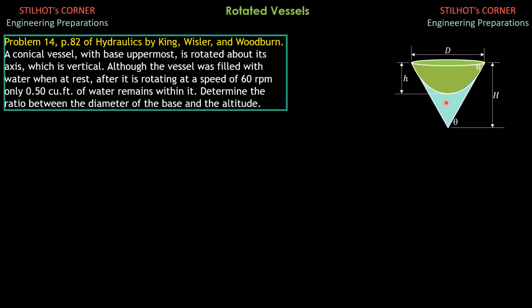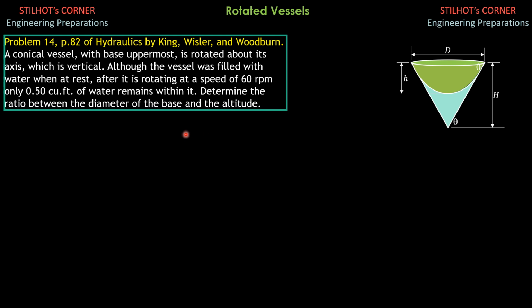This is the volume of water that is retained within the conical vessel, and this volume is the volume of cone minus the volume of this paraboloid of revolution. The surface of the paraboloid of revolution is tangent at the upper rim, and so the slope of the slanted side is also the slope of the surface at the upper rim.